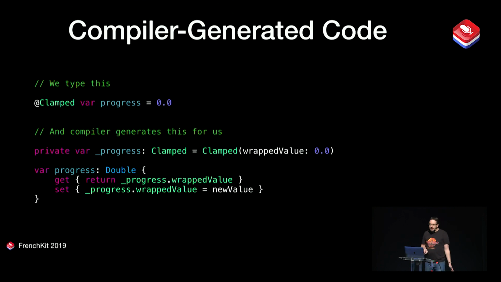So what's happening when you do movie.progress = 42 is that it calls that computed property progress. If you print movie.progress, it's going to go through the setter, which in fact will call _progress.wrappedValue, and then it's up to the implementation of Clamped to do whatever they want with the wrappedValue, like the didSet we have.